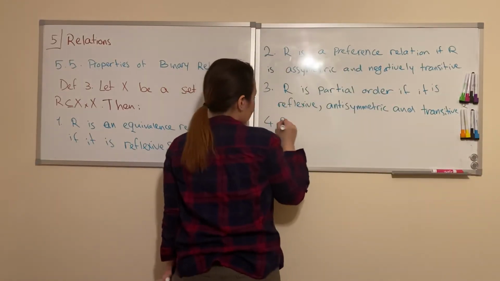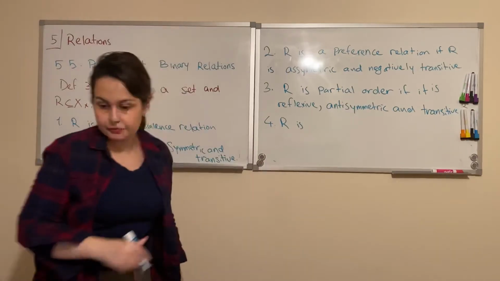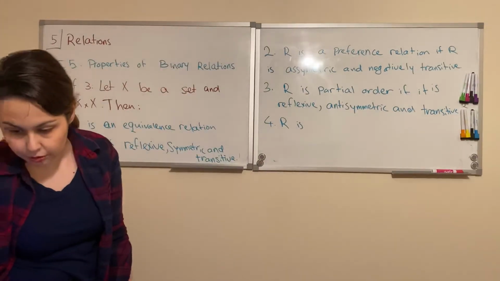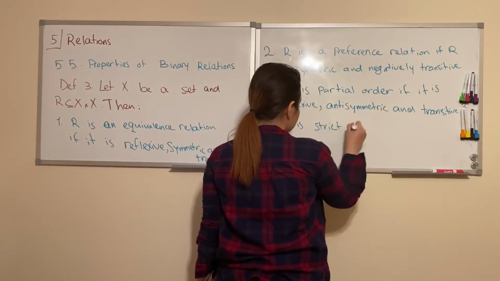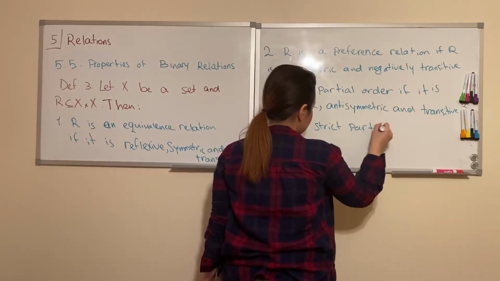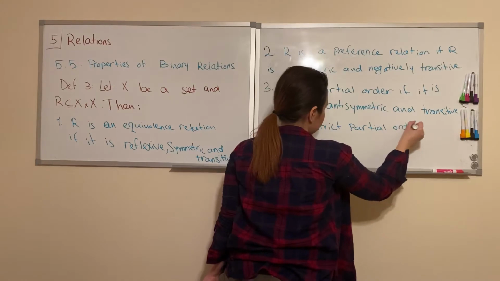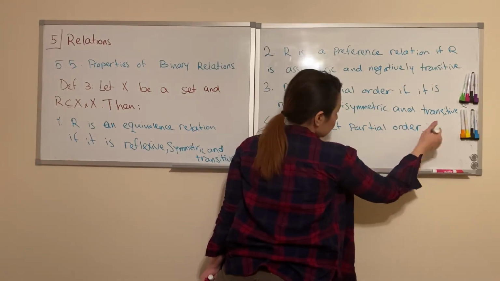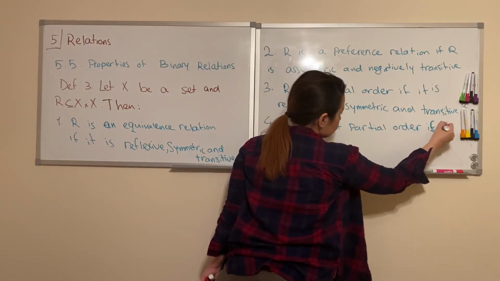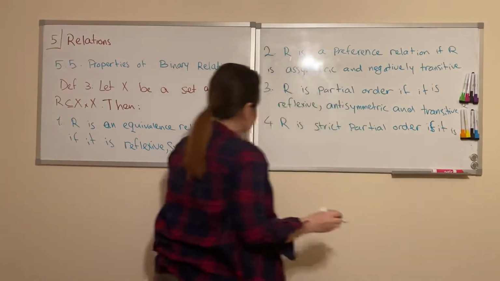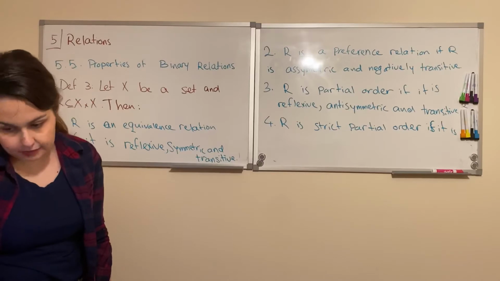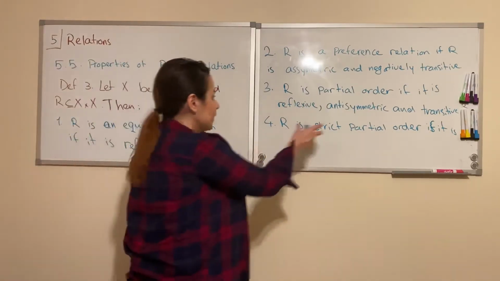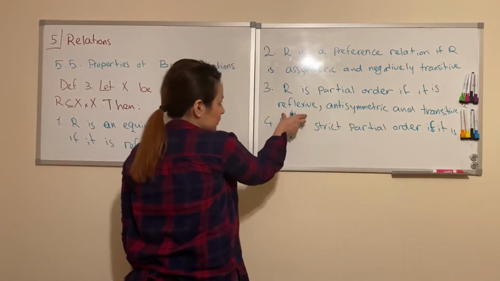Four, R is a strict partial order if it is asymmetric and transitive. You see, if I have asymmetric, it cannot be reflexive.